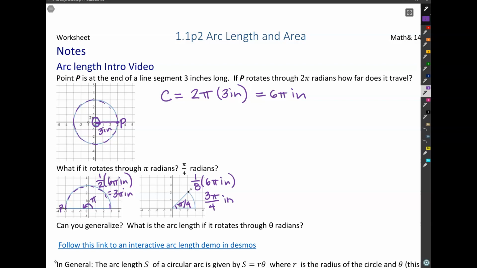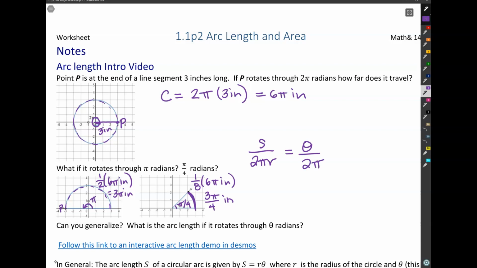Okay, so this is really our strategy. The way I get to our formula is by looking at this as a proportion. Whatever arc length we're going for, this little distance on the outside of the circle, is going to be the same fraction of the entire circle, which is 2 pi r, as your angle theta is to an entire rotation, 2 pi.